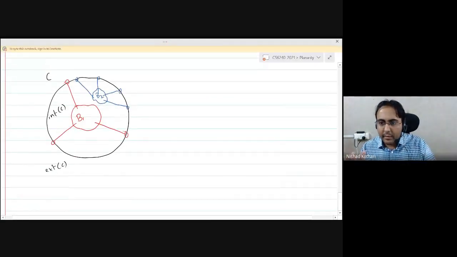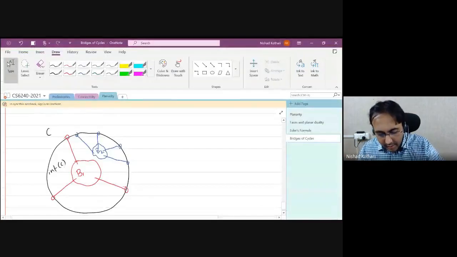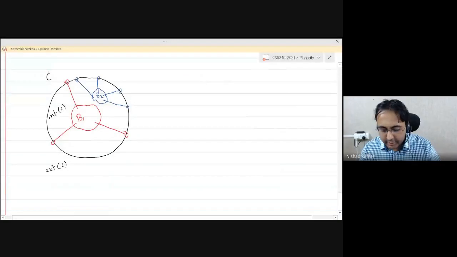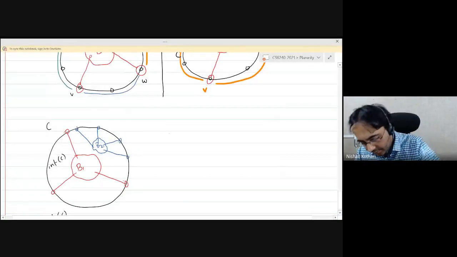In this case, we will say that the two bridges avoid each other. Two bridges avoid each other if all the vertices of attachment of one bridge are contained in a segment of the cycle induced by the other bridge. And in other cases, we will say that the two bridges overlap with each other.